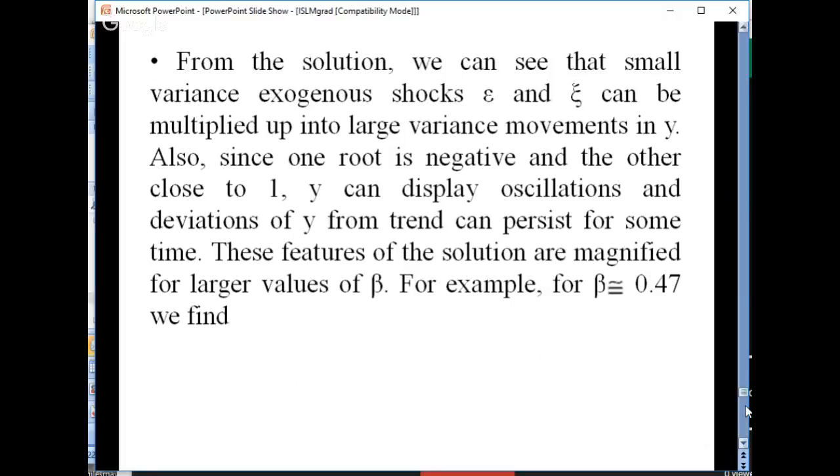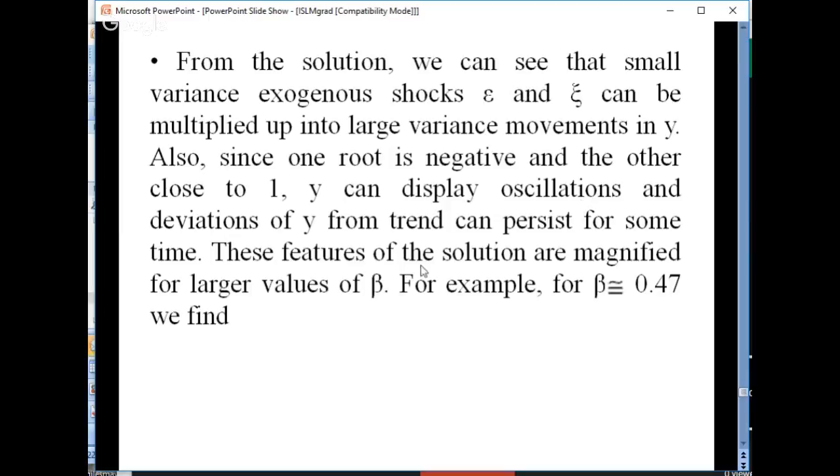From the solution, we see that a small variance exogenous shock in epsilon and the squiggly line can be multiplied into larger movements in y. Also, since one root is negative and the other is close to 1, y can display oscillations and deviations from the trend, right? And can persist for some time. In other words, we can get recessions, depressions that'll last for a long time.